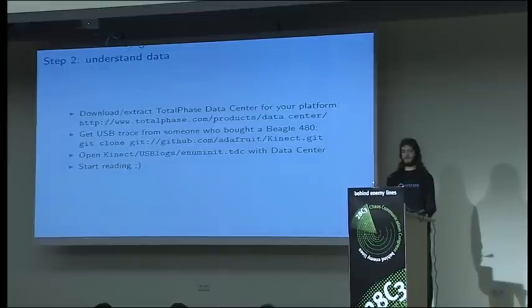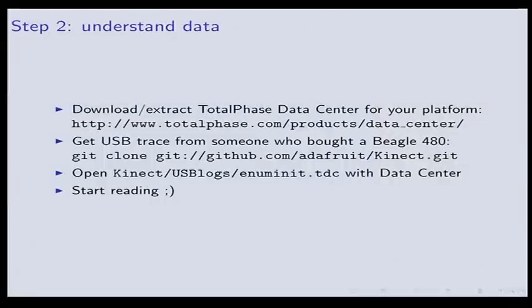So we can download Total Phase Data Center and the USB dumps that the awesome folks at Adafruit Industries made for us. And they posted them on everyone's favorite binary distribution site, GitHub, which was odd for large binary data.